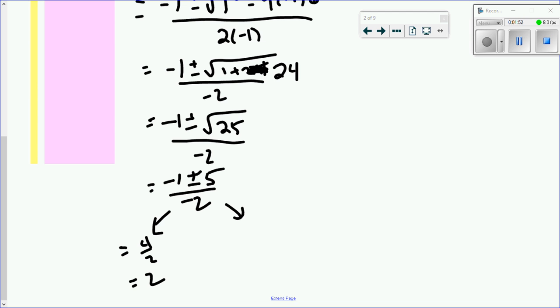And that is negative 6 over 2, which equals negative 3. Therefore, 2 roots. Okay, all right, no problem. Oh, I lost my negative sign.